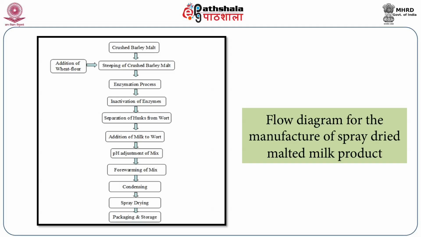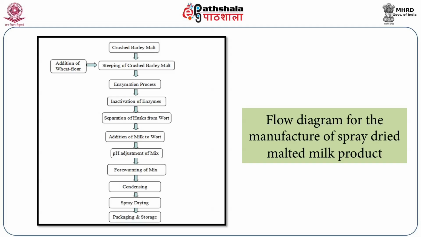Crushed barley malt is taken and it is steeped with addition of wheat flour and water. The steeping process with addition of water will start the enzymation process. In this process, enzymes present in barley malt will start acting upon starch and protein present in barley malt as well as wheat flour.